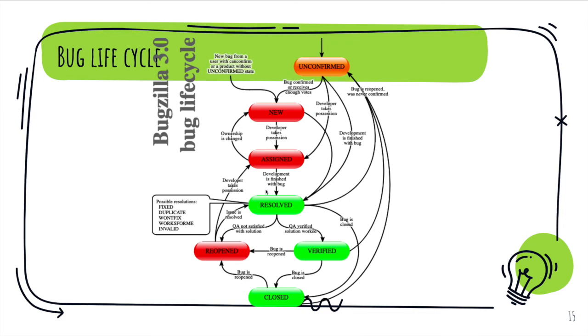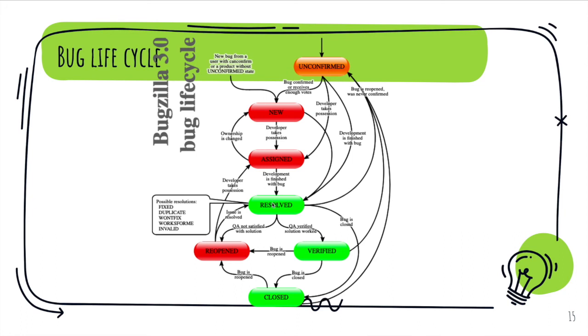So this is the whole process of the bug life cycle, in which we are taking care of how we are going to test the application, the issue which is coming in, and whether it is getting fixed or not. If it is not getting fixed, it will go back to the developer, and if it is fixed, the tester will verify and then close the bug.